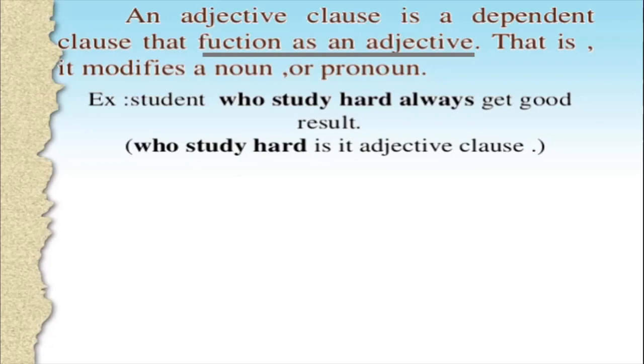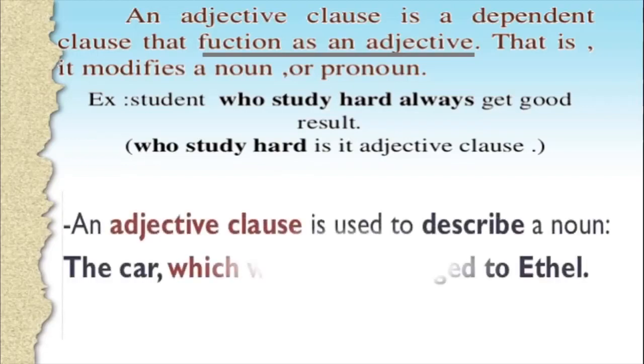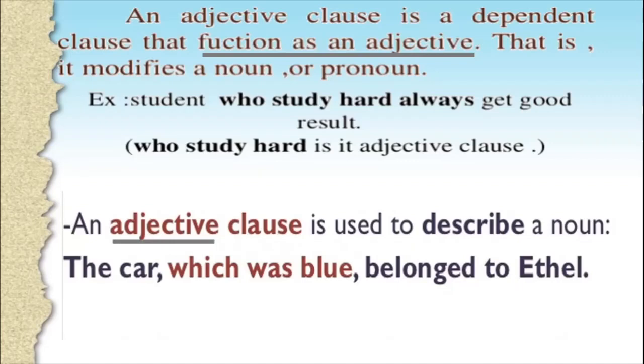Okay. So adjective clause, let me tell it to you in Hindi. Adjective clause के बदले हम adjective भी use कर सकते हैं. Okay. But when we are studying about clauses, we are talking about adjective clauses. Let's see this example. An adjective clause is used to describe a noun. Very simple. So what is an adjective?